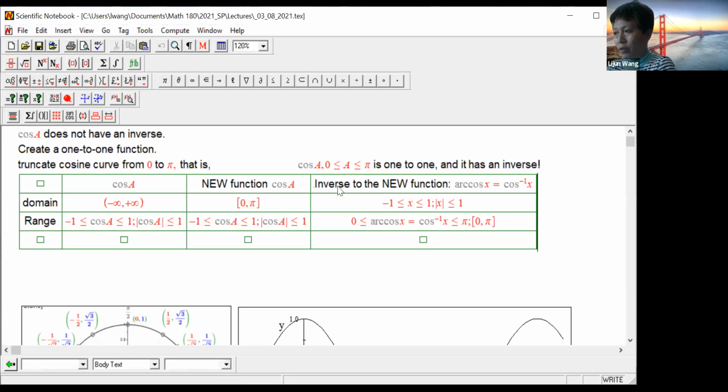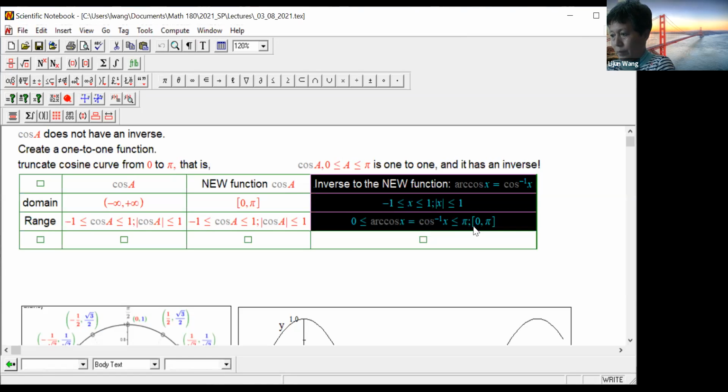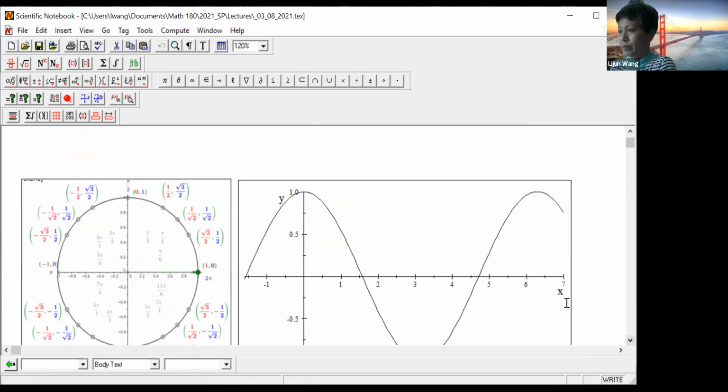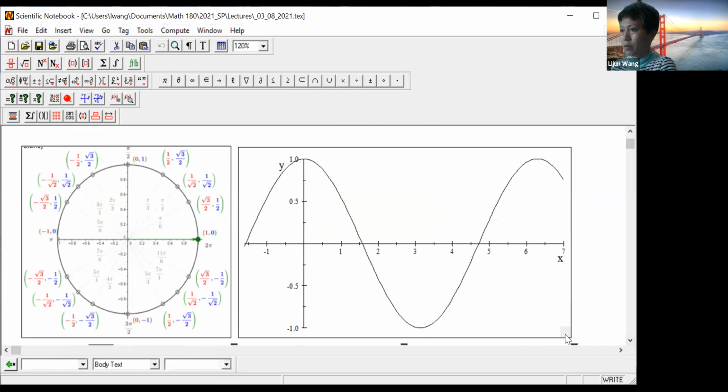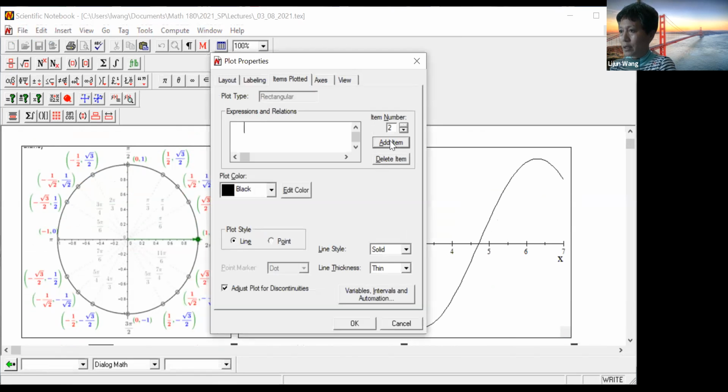All right, so this is the arc cosine. So let's look at the curve. I'm going to draw the arc cosine curve on this picture. I'm sure you guys can do the same.